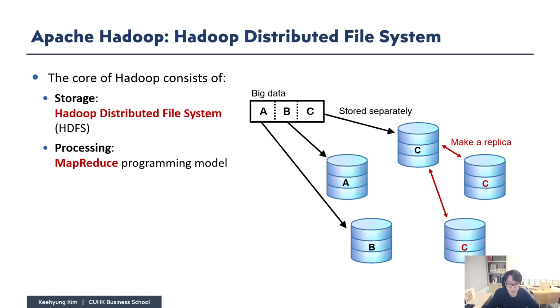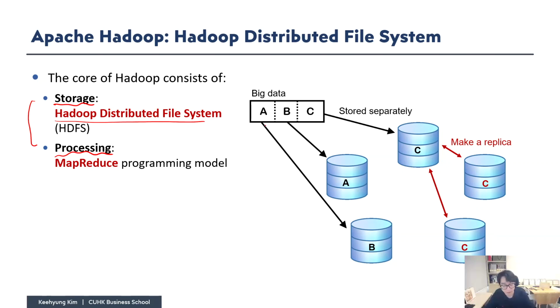In Hadoop, the two things that I mentioned were quite important. It consists of storage and processing, and there are more things, but the other things were added later. At first, these two were the most important core components of Apache Hadoop. The first one is the Hadoop distributed file system. Basically, it's the concept that we covered in our class when we talked about the introduction to big data.